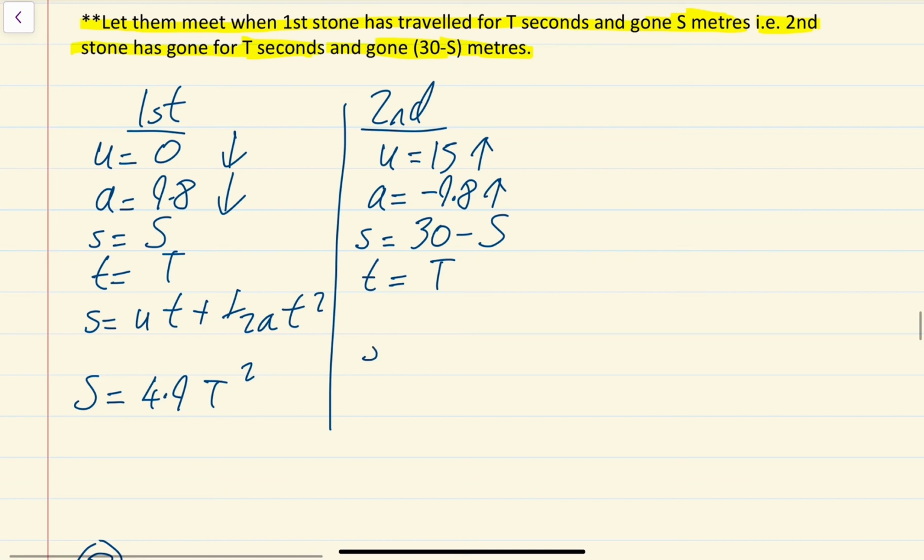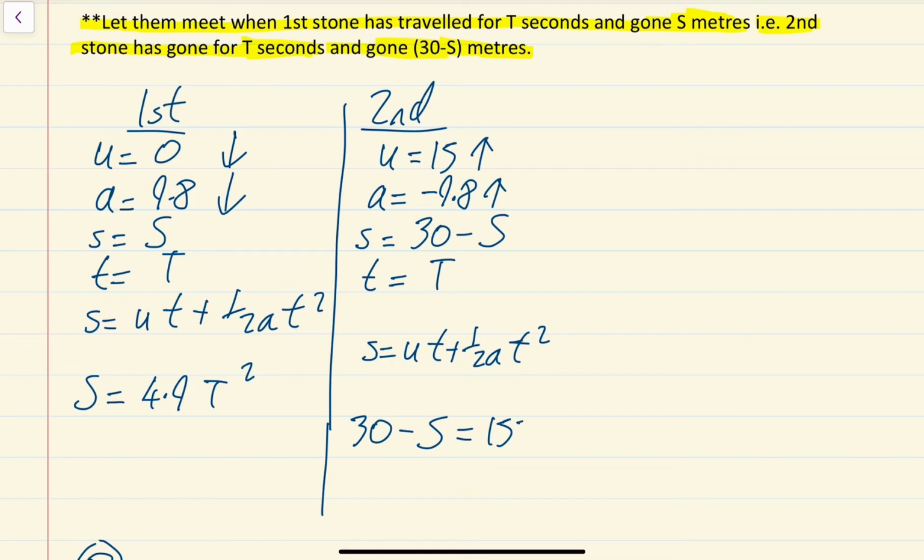So fill that in. Lowercase s equals ut plus a half at squared. Wee bit trickier, this one. So your s is the same as 30 minus big S is equal to my ut, so that's going to be 15t. And then it's going to be minus 4.9, so that's a half times the minus 9.8, minus 4.9 t squared.